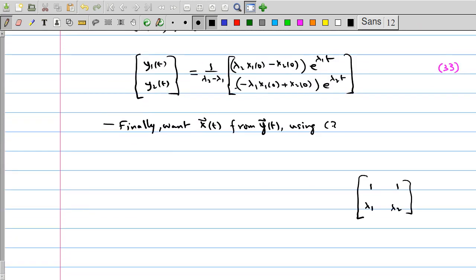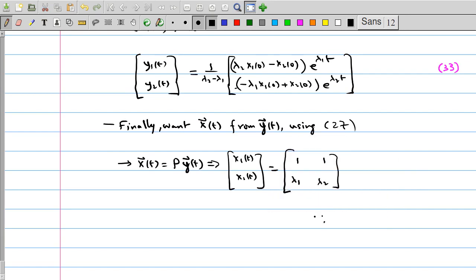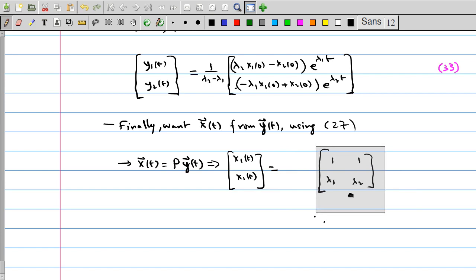Using 27, x of t equals p times y of t. Which is to say x1(t), x2(t) equals, here is p, times I'll take this 1 over lambda 2 minus lambda 1 over here, and then this whole quantity here.